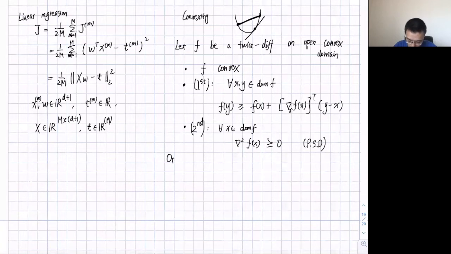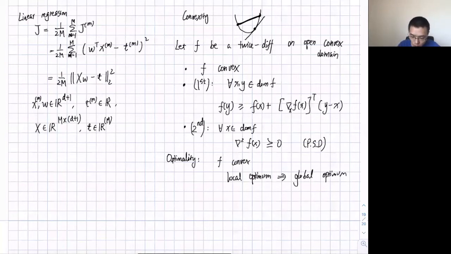And the property is that if F is convex, then any local optimum is a global optimum. So now we're going to show that this function is indeed a convex function, maybe using the first order condition, the second order condition, or the definition. And then we will find one local optimum, and this is the global optimum, okay?